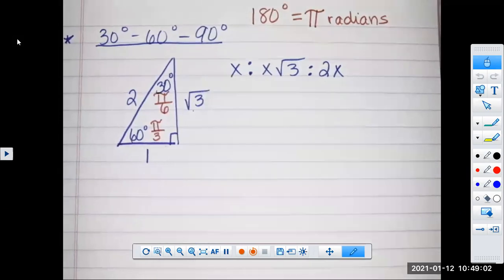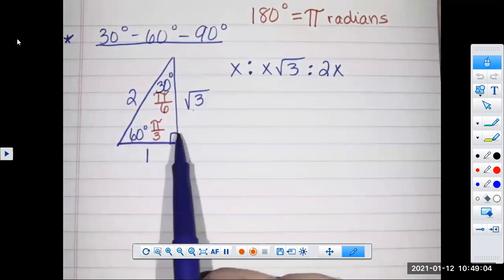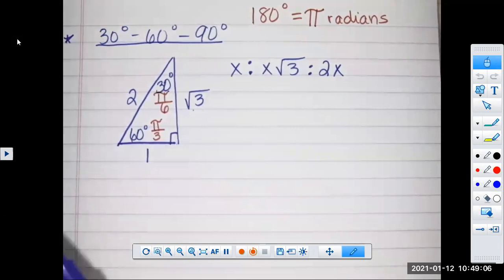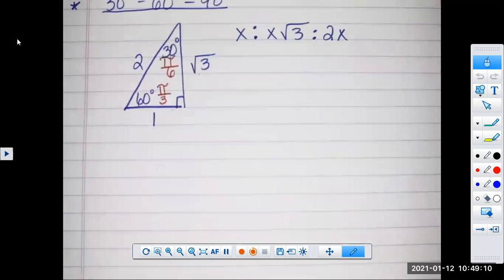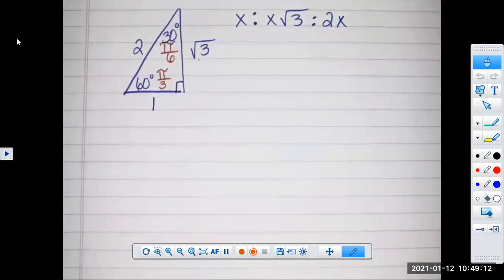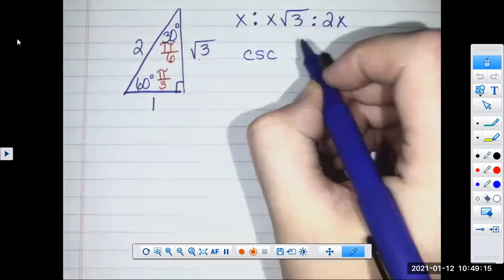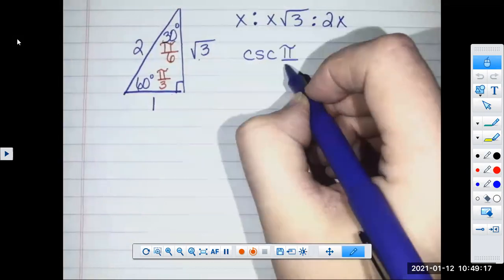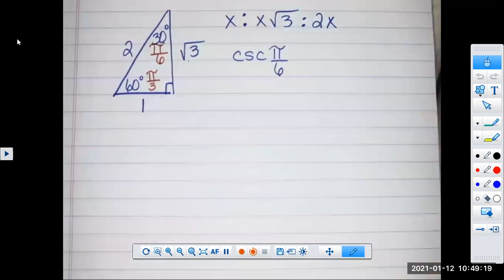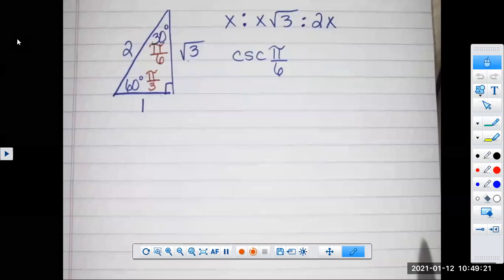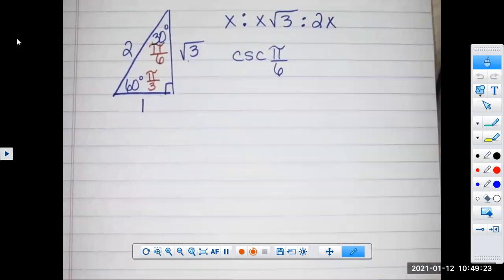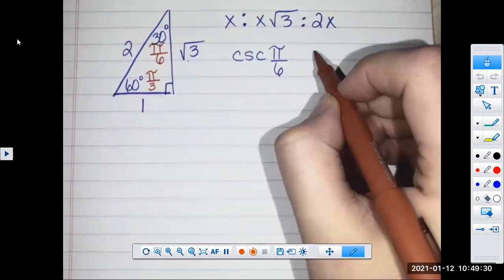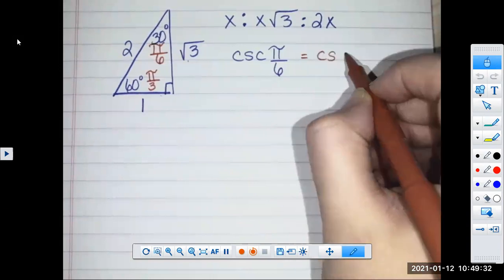They're going to give you this triangle just like that, except maybe for the radian measure, and they're going to ask, what is the cosine, secant, or cotangent of 30 degrees? If they ask you for cosecant of pi over 6, pi over 6 is which angle? It's your 30-degree angle, so you're finding cosecant of 30 degrees.